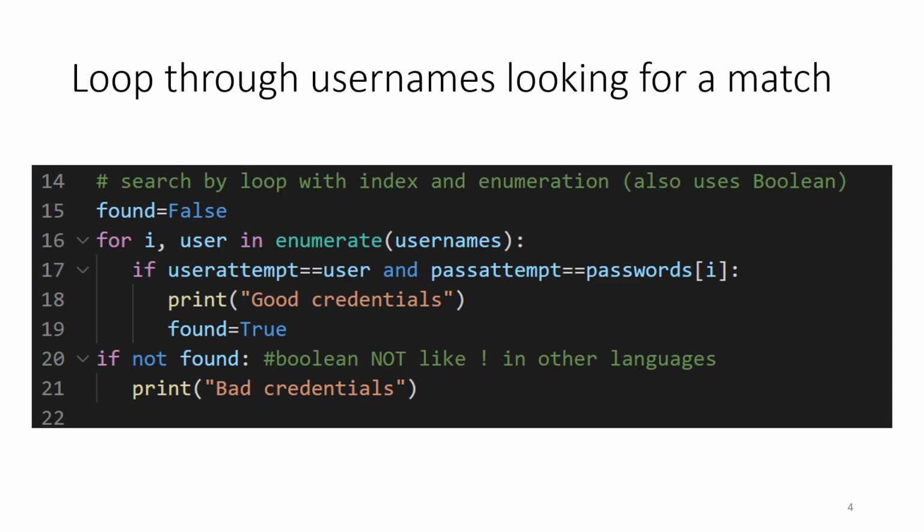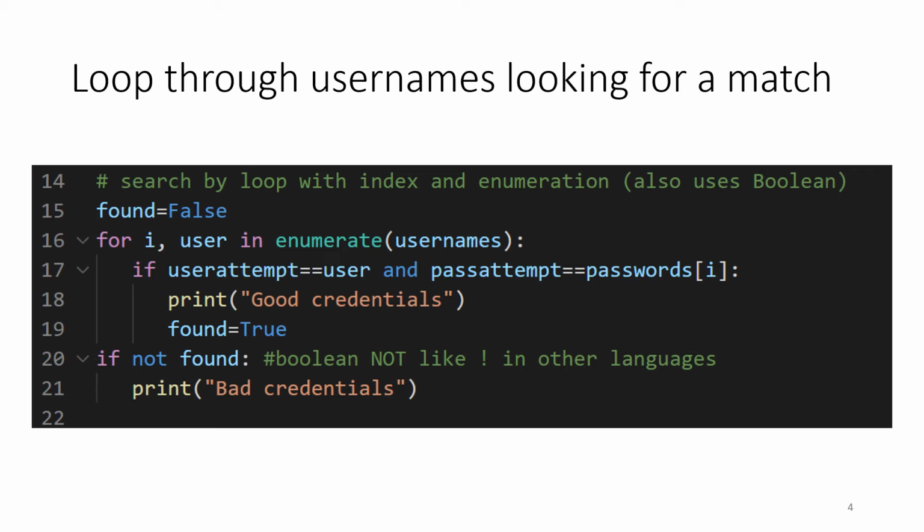So now in 17, we're ready to look for a match. A match will require a match of both the username and the password. So we are using the Boolean AND of two conditions. Make sure that the user attempt is equal to a username, one of the users in the list of usernames that we are iterating over.